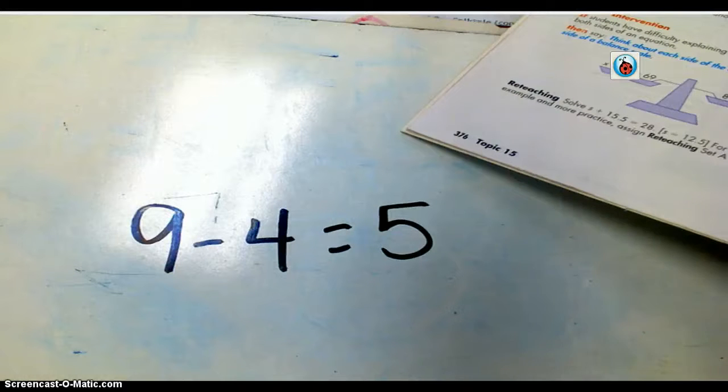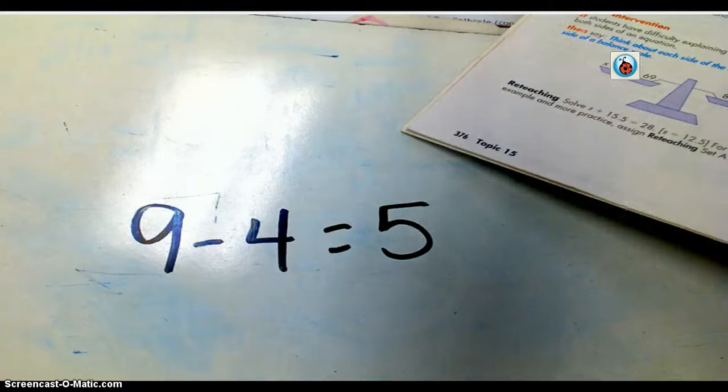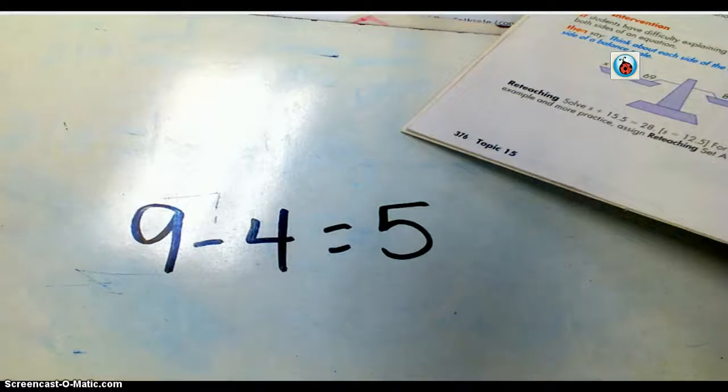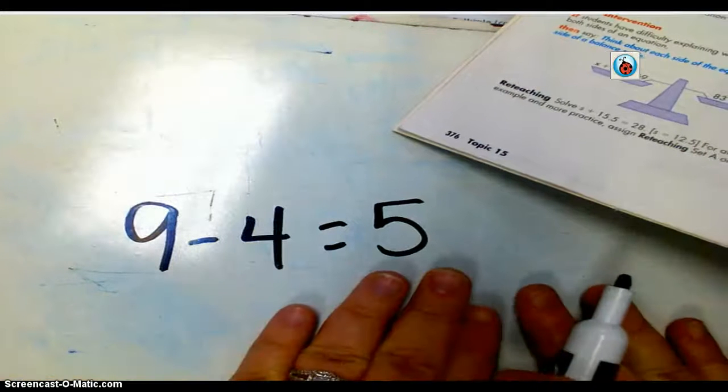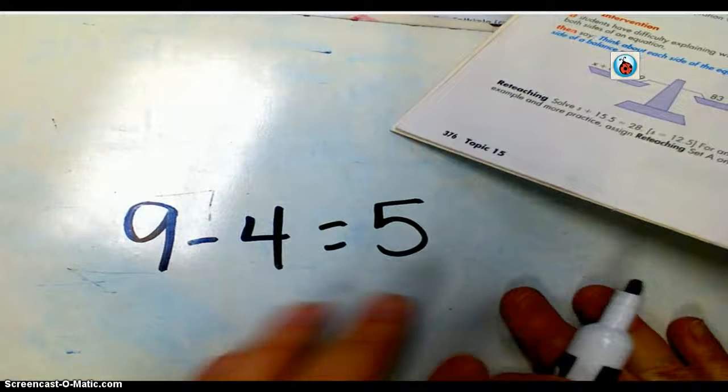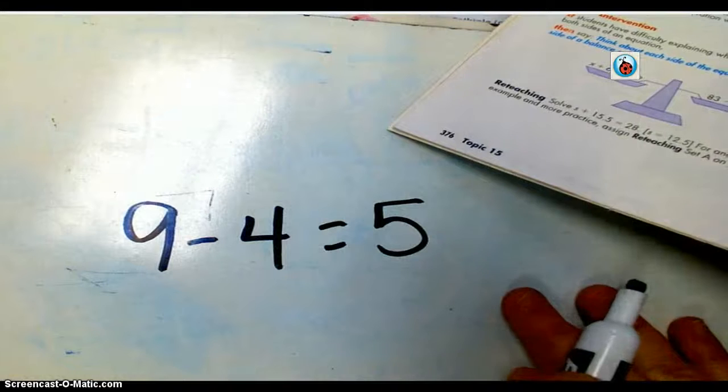In comparison to today, we practice adding and subtracting fractions. Whatever I did to the denominator, JT, I had to do to the numerator. Okay? We're going to look at this today as the same thing. Whatever I do to the left side of the equal sign, I have to do to the right side of the equal sign. Okay?